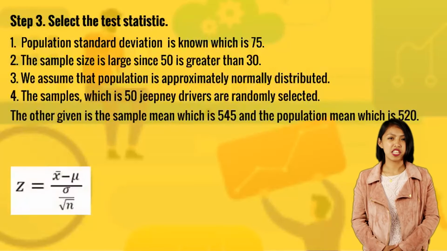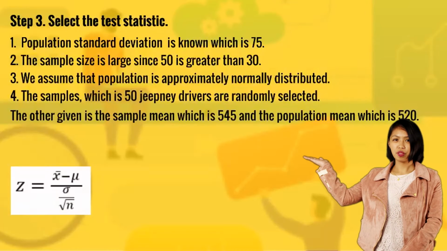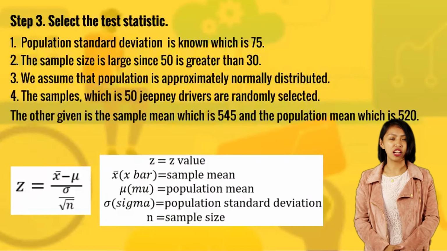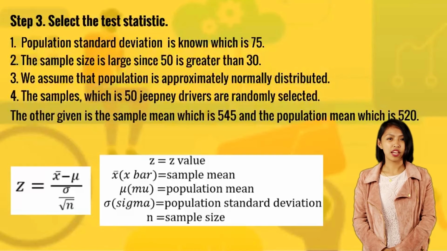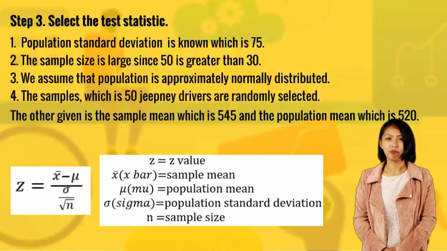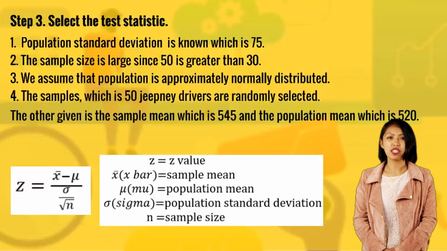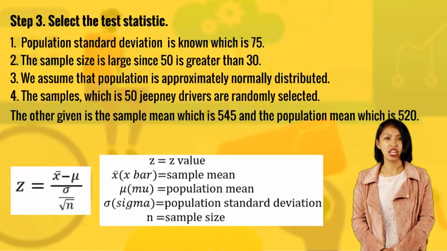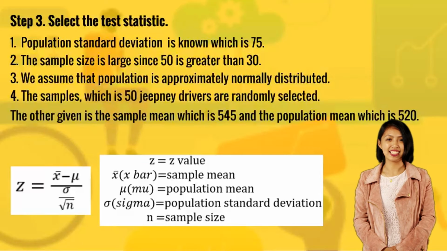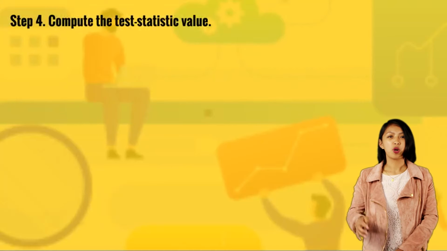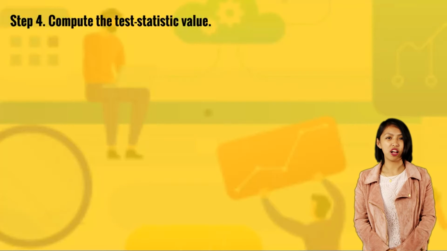The formula for Z-test is where z is the z-value, x bar is the sample mean, mu is the population mean, sigma is the population standard deviation, and n is the sample size. Step 4. Compute for the test statistic value.